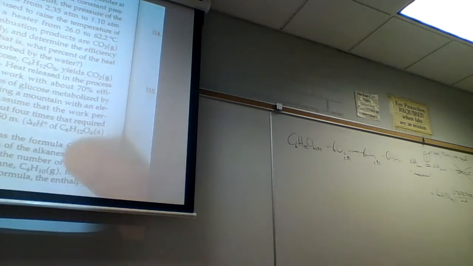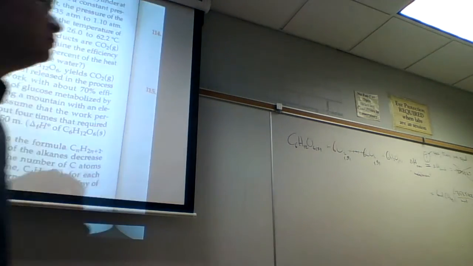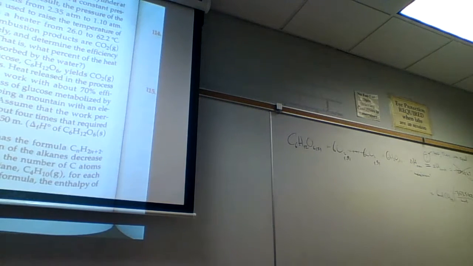Delta H of formation for glucose is minus 1273.3 kilojoules. So we have 1 mole of glucose times minus 1273.3 kilojoules per mole.